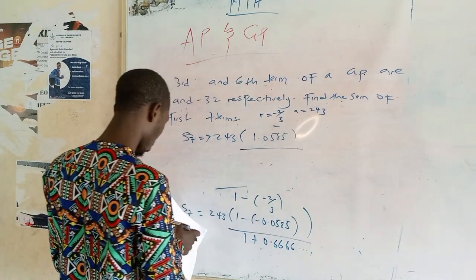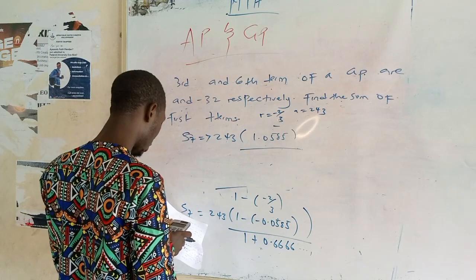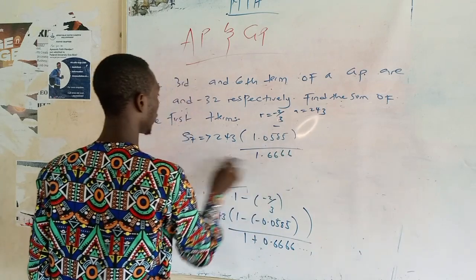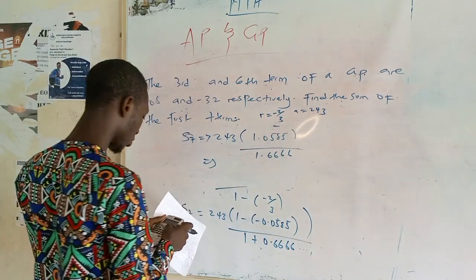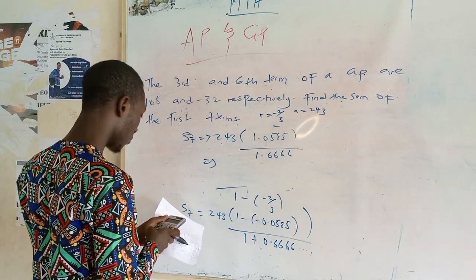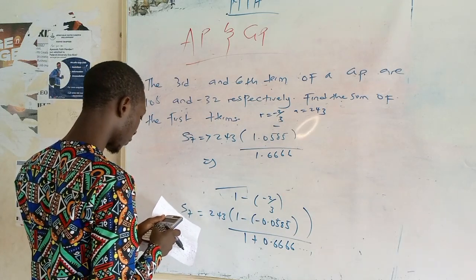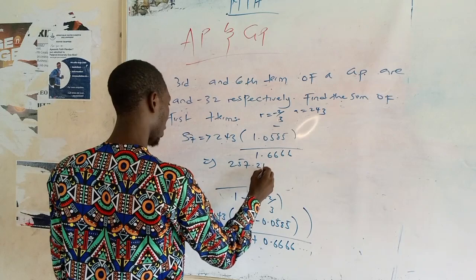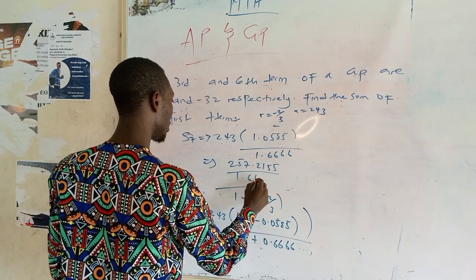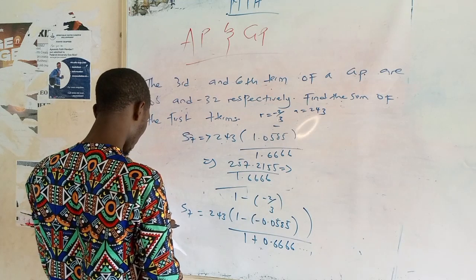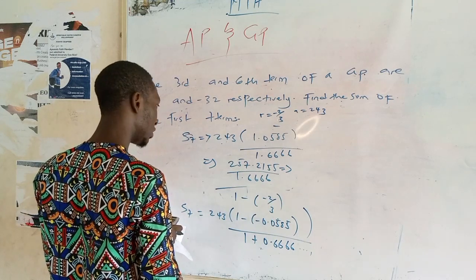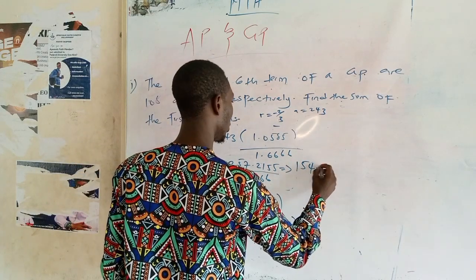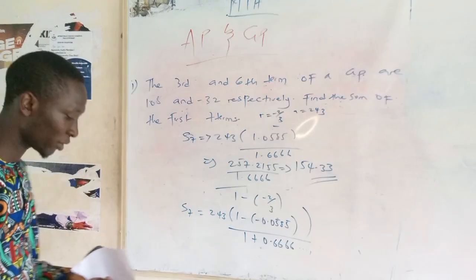Now over 1 plus 0.6666, which becomes 1.6666. So therefore, I multiply and put the bracket. So I have 243 times 1.0585. So 243 times 1.0585 becomes 257.2155, over 1.6666. Therefore, my final answer: the sum of the first 7 terms is 154.3.